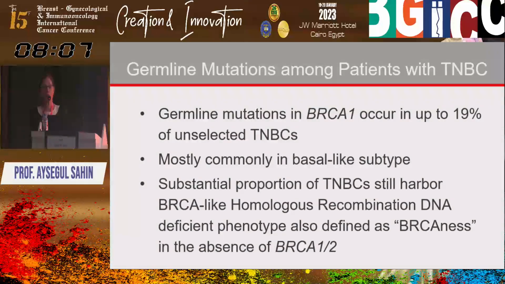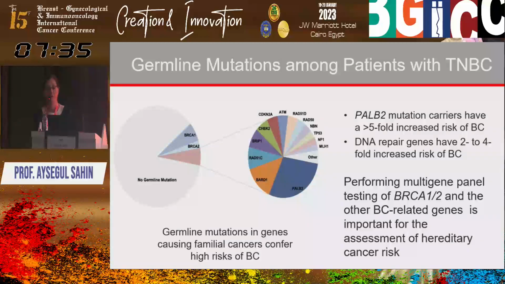When we look at the germline mutations among patients with triple-negative carcinoma, again, we see extensive diversity. BRCA1 mutations are most common in triple-negative breast carcinoma, but there is also a homologous recombination DNA repair deficient phenotype, also defined as BRCAness of the tumor, without BRCA1 or 2 mutations.